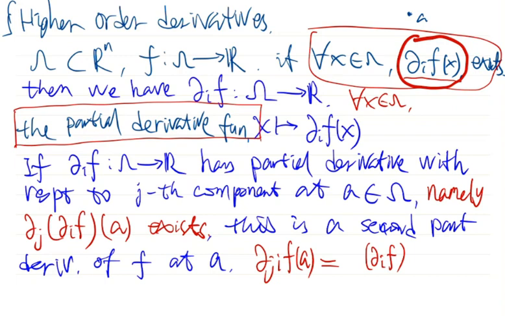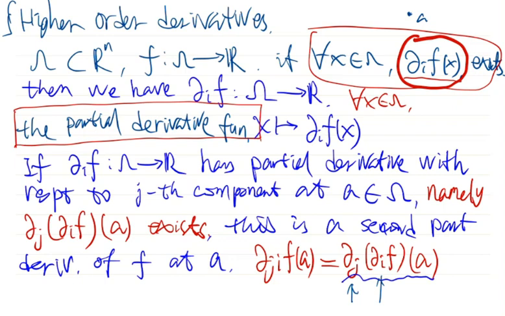If the partial derivative function has a partial derivative with respect to xj at this point A, then this partial derivative is called a second derivative of f at A. More precisely, the derivative is taken with respect to xi first, then followed by xj. So this is the definition of second order partial derivative.